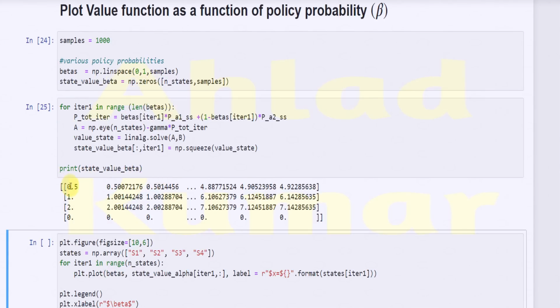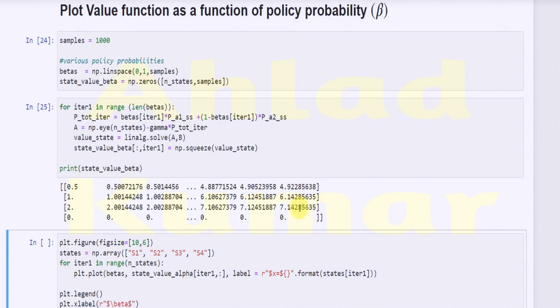So you can see that you will get the value of these states. This is actually for beta equal to 0, you will have the value of the state S1 as 0.5, for S2 it is 1, and for S3 it is 2, and for S4 it is always 0. And this is corresponding to beta equal to 1, where you are always taking action A1 and not taking A2 at all.